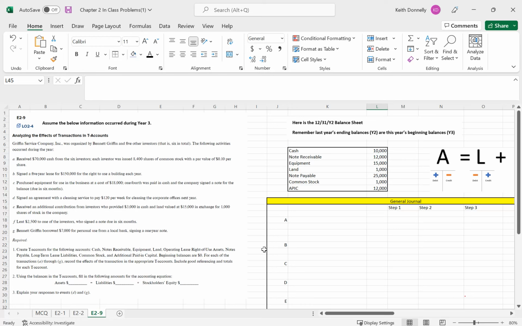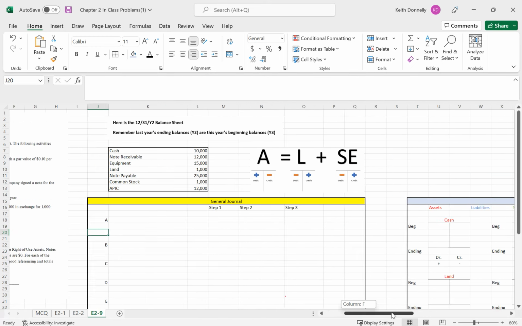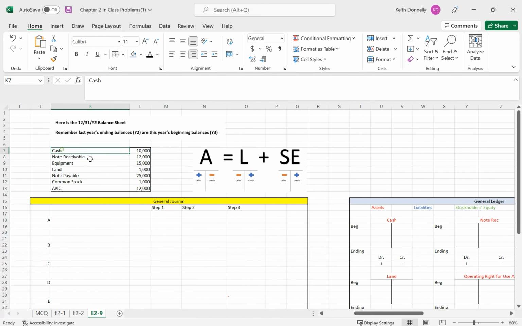Now, if we backstep a little bit, we're at the end of year 3. Stuff happened during the year that we have to do journal entries for. But another important piece of information here is we have year 2's balance sheet, or just accounts. And if you remember, last year's ending is this year's beginning balance.